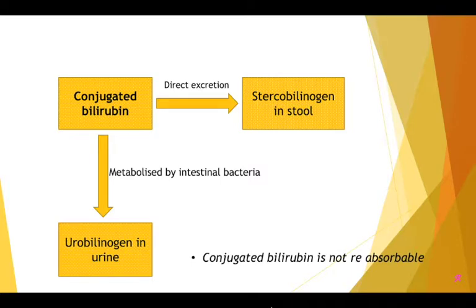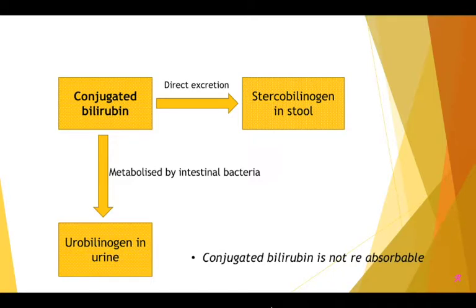In the next slide, it is just two things: the direct excretion as stercobilinogen in stool, and its conversion into urobilinogen by the intestinal bacteria. It is the action of intestinal bacteria that converts the conjugated bilirubin into urobilinogen.